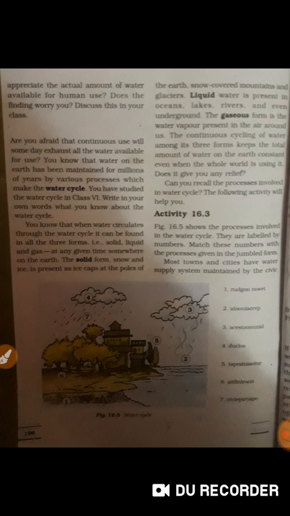And if we dig deeper and deeper, we would reach a level where all the space between the particles of soil and gaps between soils are filled with water. And this is called water table. Let me give you the proper definition of water table. Water table is also called groundwater table.